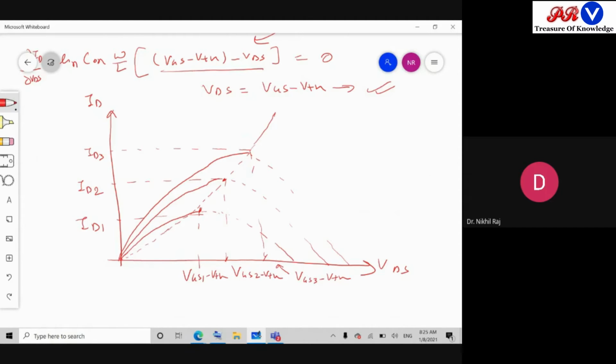Okay. So at this part and this part, there must be a change in the operation. This part is named as your triode region and this part is named as your saturation region. And what is the cutting voltage where it happens? It happens when VDS equals VGS minus VTH.